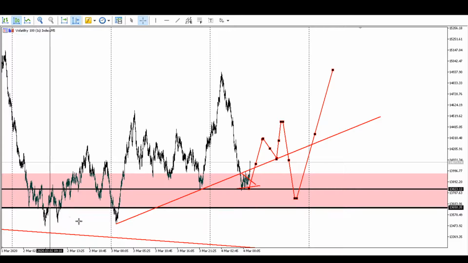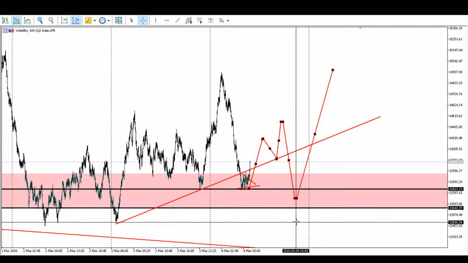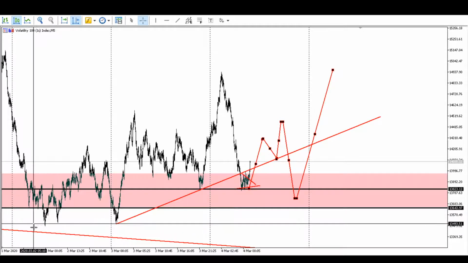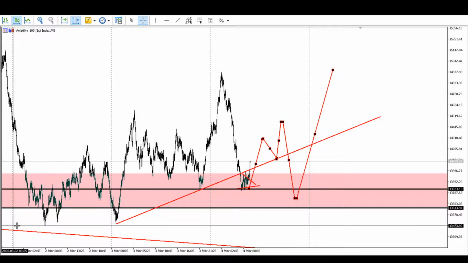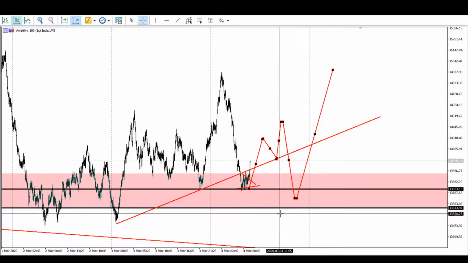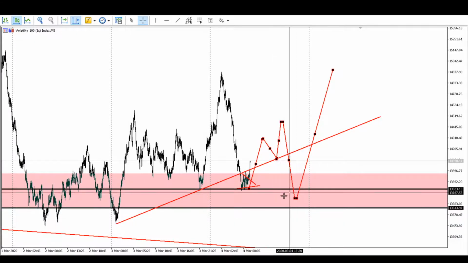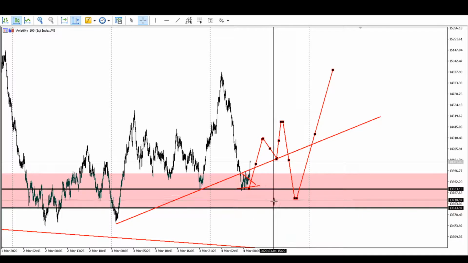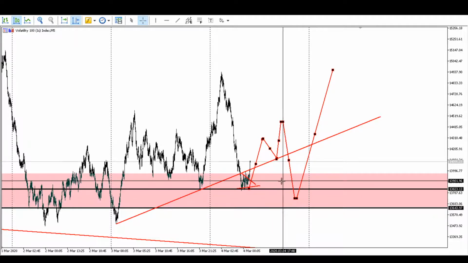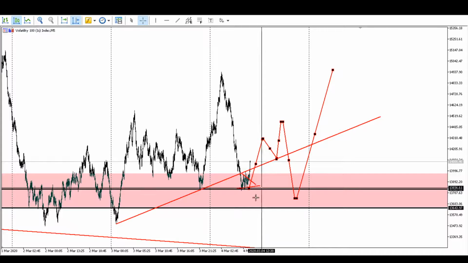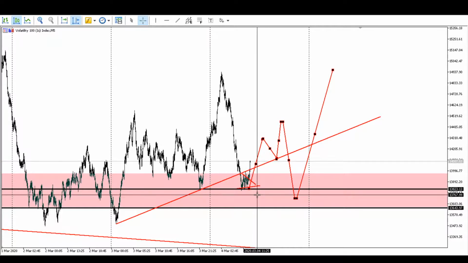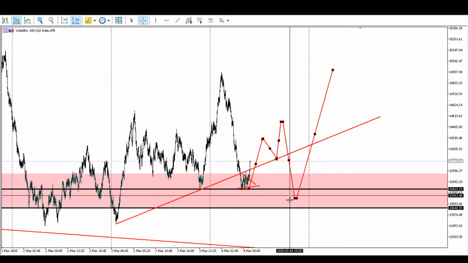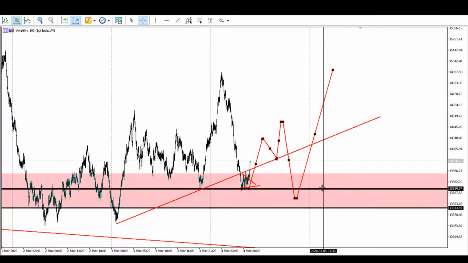If you will, you can also put it below these two levels here, but at least you need to put it below this buffer zone. Don't put the stop loss inside this buffer zone, because these are strong zones at the higher time frame, so the market can also come back to this zone.